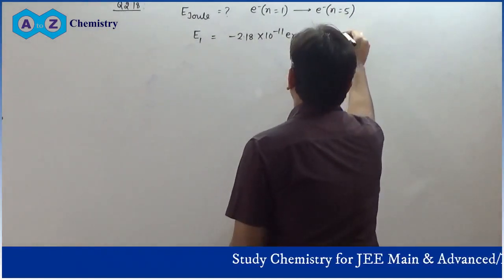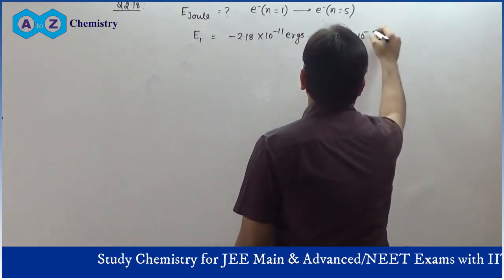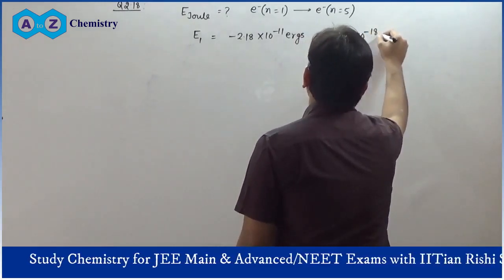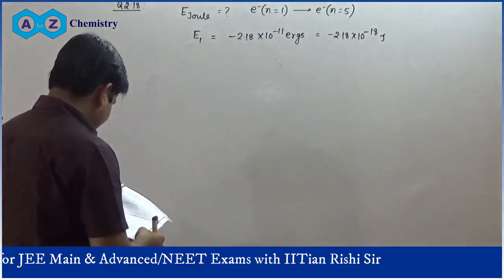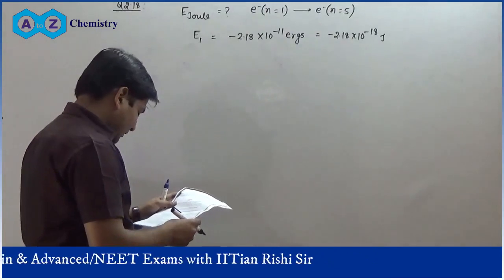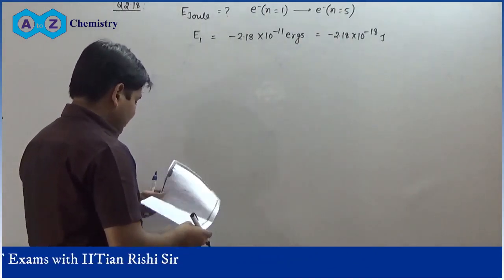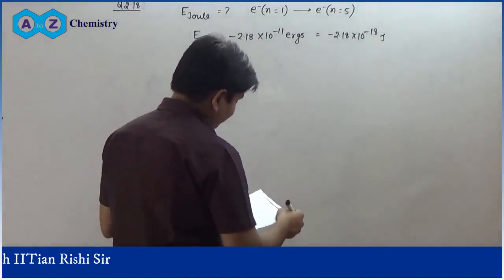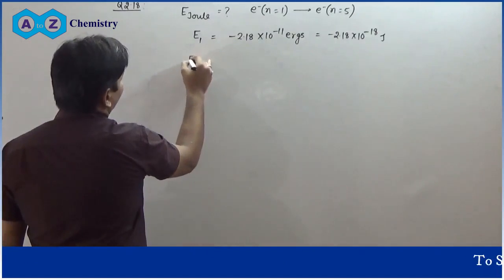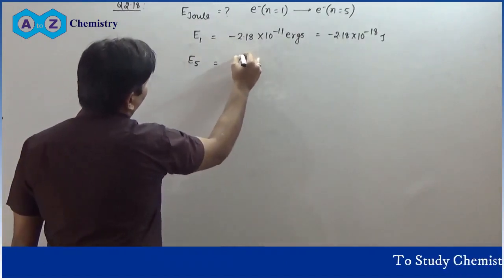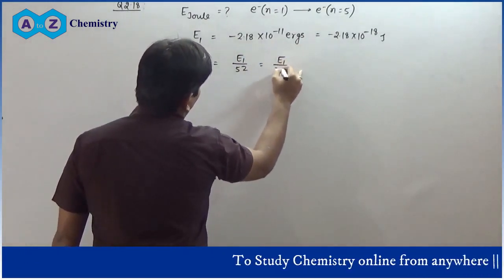First of all, converting it into energy in joule, it is 2.18 × 10^-18 joule, which will be the energy in the first orbit of hydrogen atom. Energy in the fifth orbit is going to be equal to E1 divided by 5 square, that is E1 divided by 25.